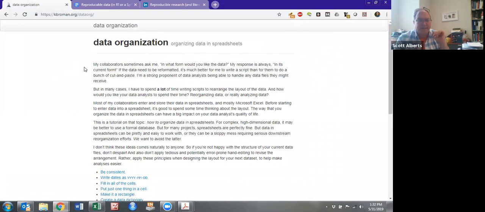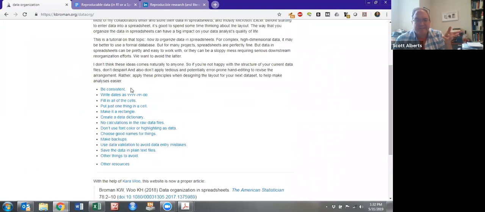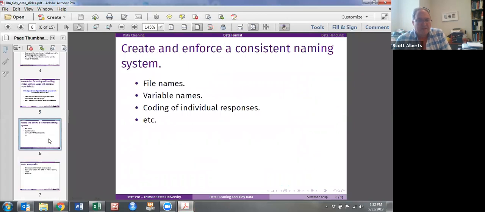Broman's article, it's kbroman.org, and it is an actual article you can get from The American Statistician as well. He has a series of rules that are great for using in spreadsheets, but they also work well when you're in software like R. One idea he talks about is that we want to make a consistent naming system, both for file names, variable names, and how we code responses.